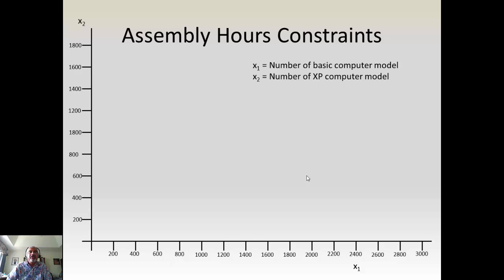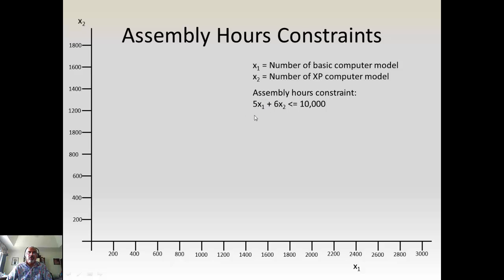So let's look at our graph with x sub 1 represented in the x-axis as the number of base model computers, and x sub 2 represented in the y-axis as the number of XP models. So let's take the assembly hours constraint, which is 5 hours of assembly needed for each base model.